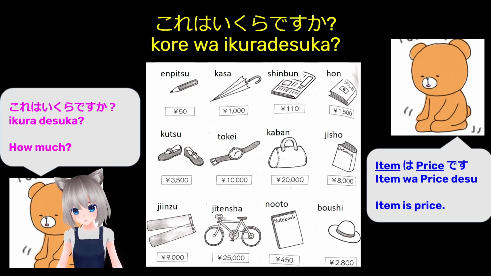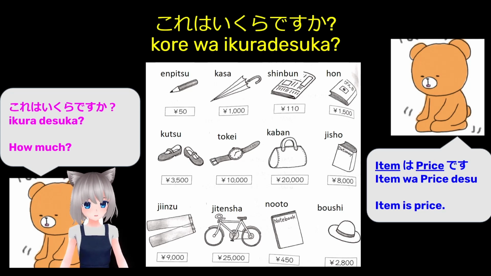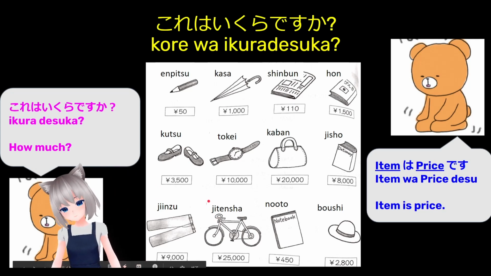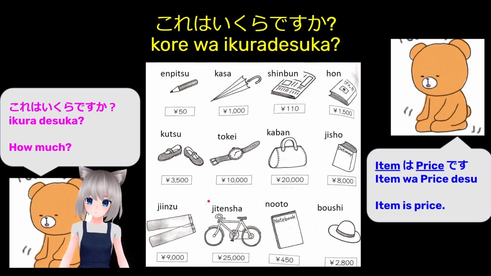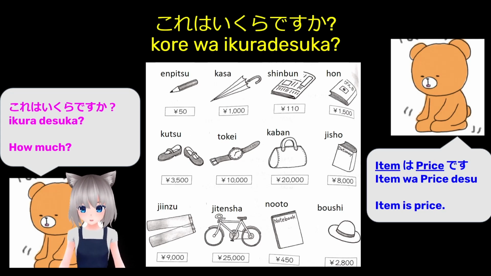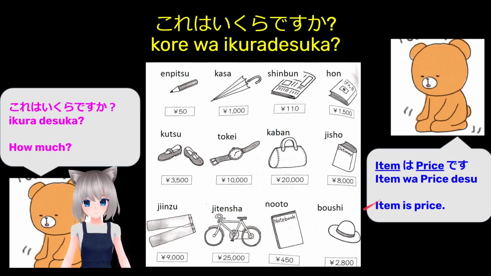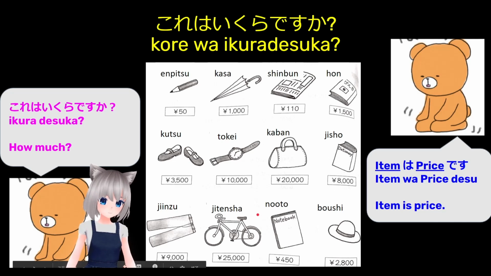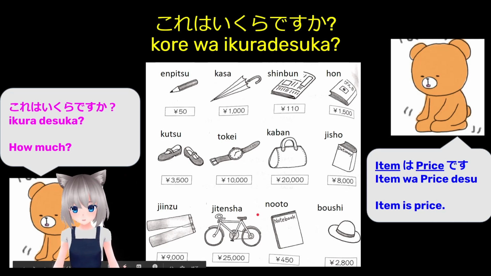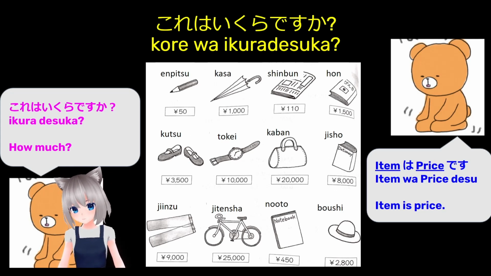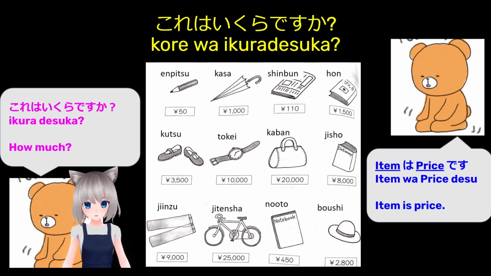It's a little bit trickier pronunciation. 8000円です。Next one. これはいくらですか? ジーンズは9000円です。これはいくらですか? 自転車は25000円です。And the next one.